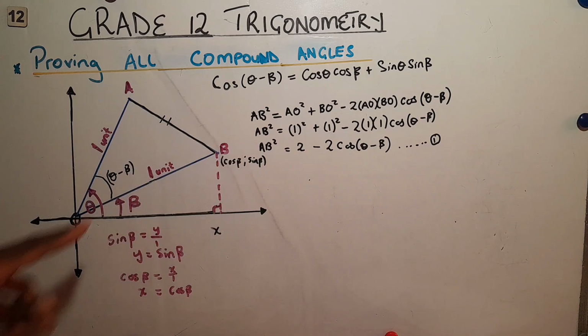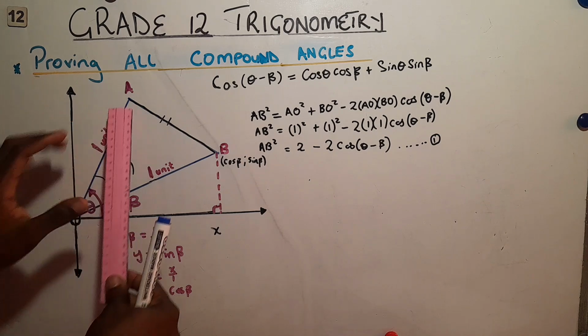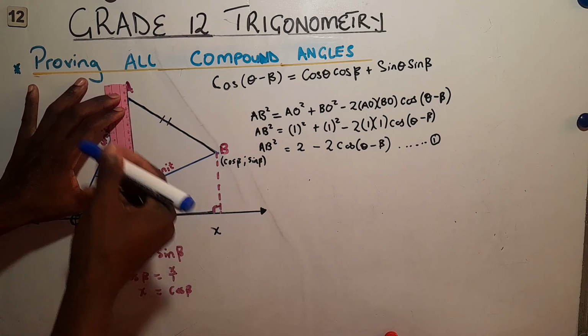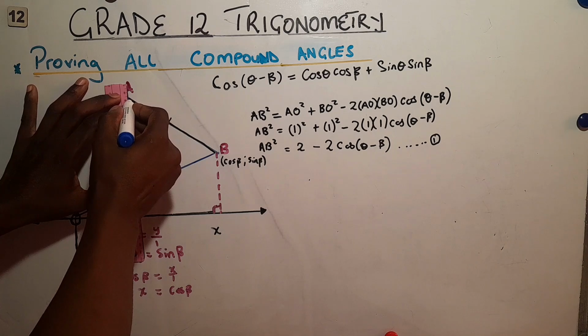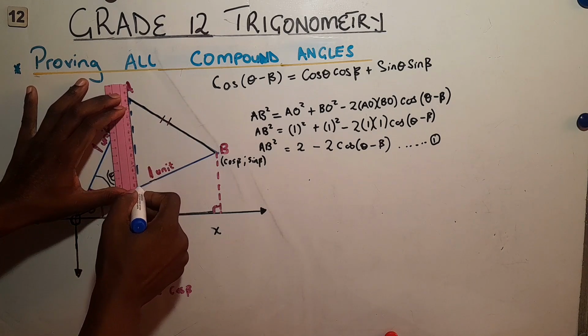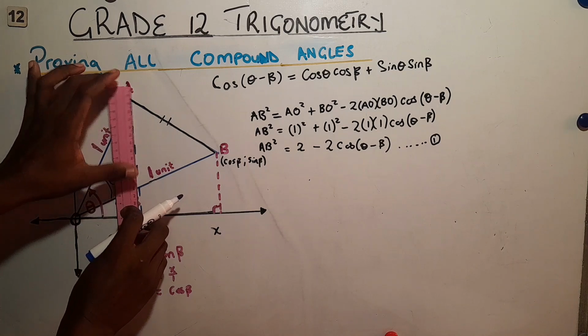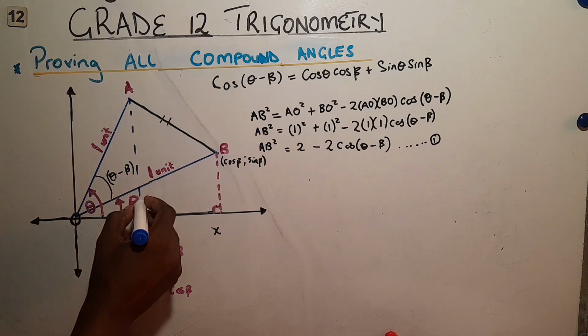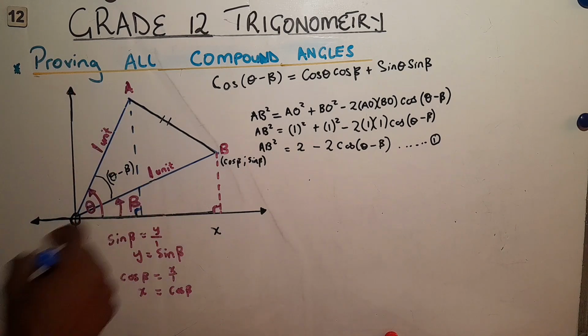So we can do the same to find the coordinates of A, right? So let's just get to it and see. Also we are having a 90 degrees there, right?